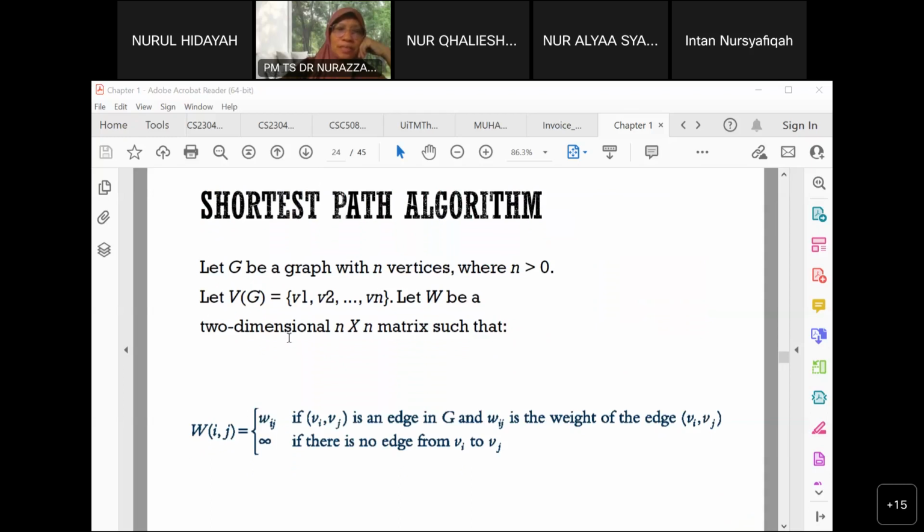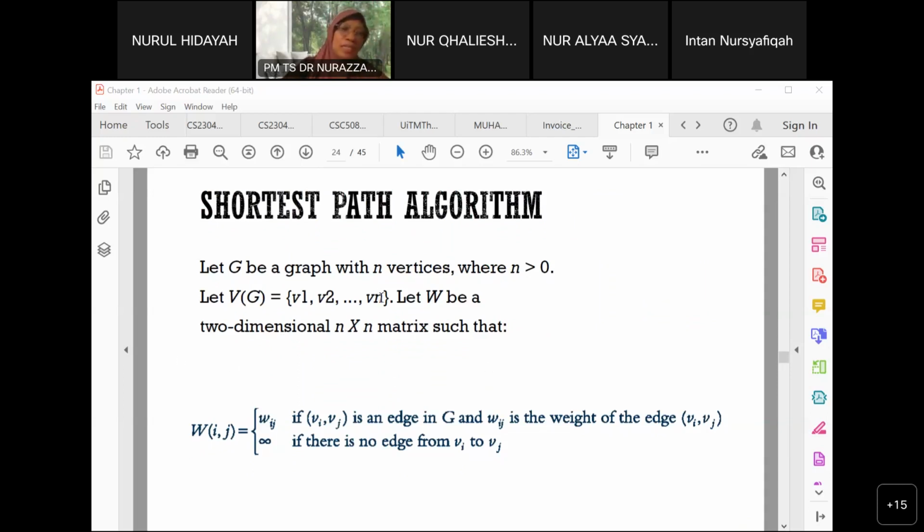basically like this. We have a graph G with n vertices, meaning there are n vertices in the graph G, where n should be a positive number, bigger than 0, because dalam graph tu mesti ada at least one, mesti ada satu vertex dalam graph tu.